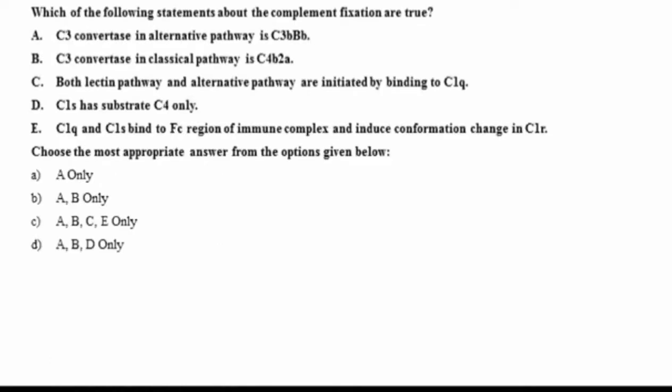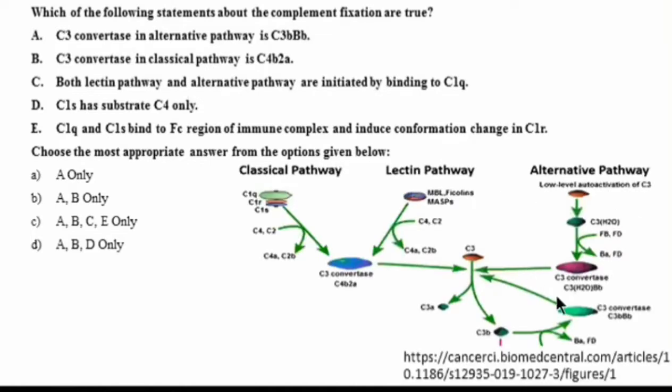The next question is, which of the following statements about the complement fixation are true? So let us read out the statements and see which one of these are correct. C3 convertase in alternative pathway is C3b, Bb. So as you can see here, the C3 convertase is C3b, Bb.